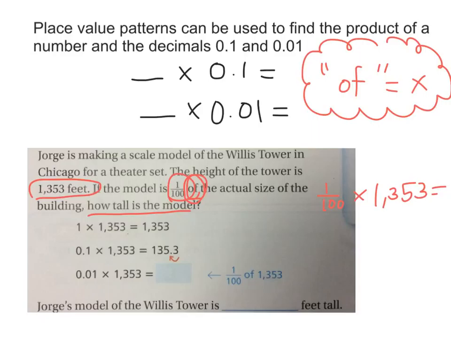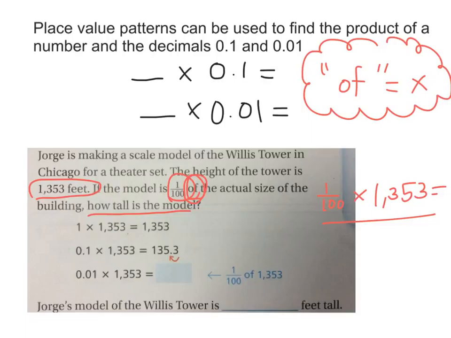Write this down. So then, if we're trying to find out what 1/100th of 1,353 is, we would do what mathematical operation? Multiplication. Okay, very good. So, 1/100th. Can we write that as a decimal? What's 1/100th as a decimal?